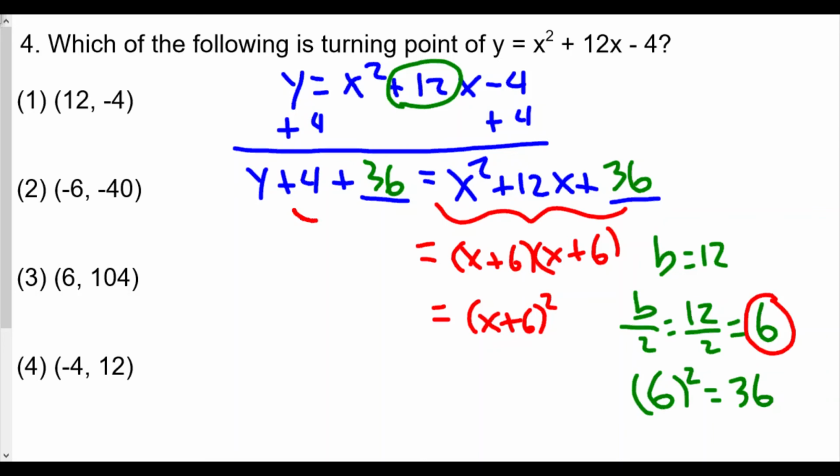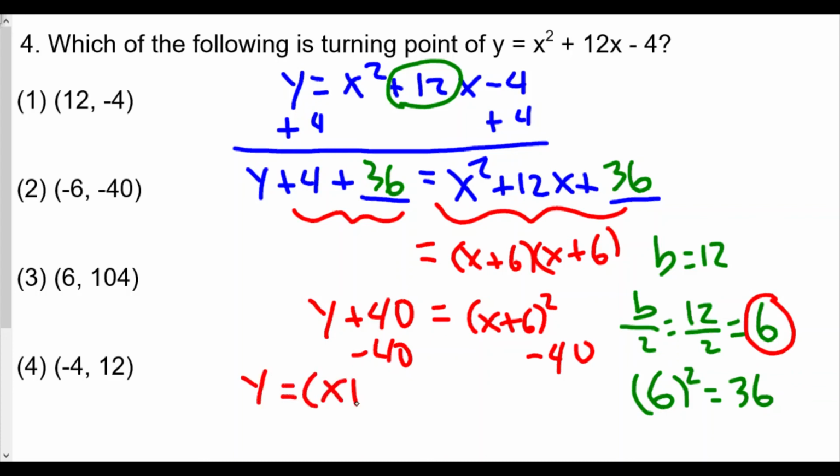Now on the left side, we're going to combine the 4 plus 36, so we have y plus 40. Now we're so close to finishing in this case. Last thing we'll do is subtract 40 on both sides. We have y equals x plus 6 squared minus 40.